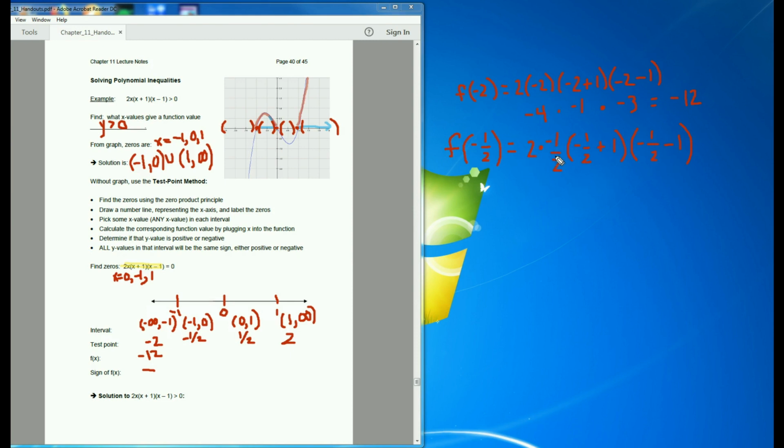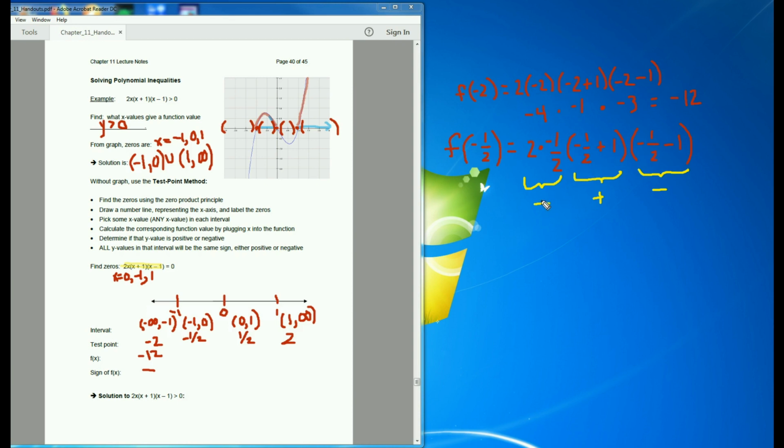2 times negative 1/2 is definitely negative. Negative 1/2 plus 1 is the same as 1 minus 1/2, which is 1/2, so that piece is positive. Negative 1/2 minus 1, we're already negative, then we're subtracting more, so that is definitely negative.